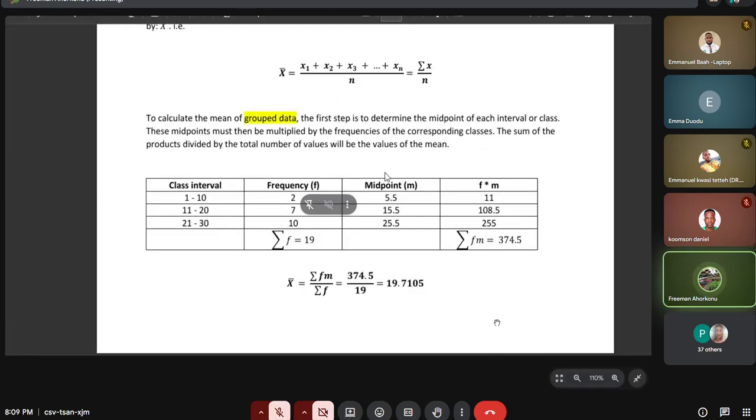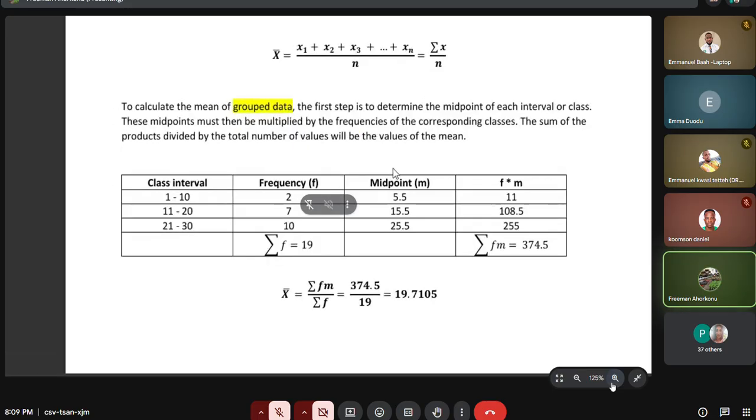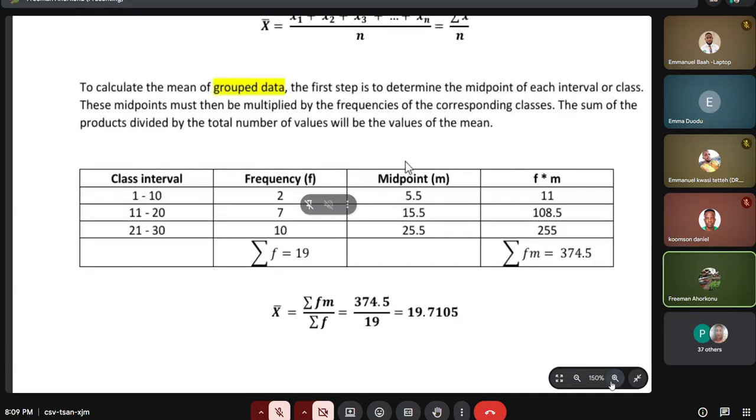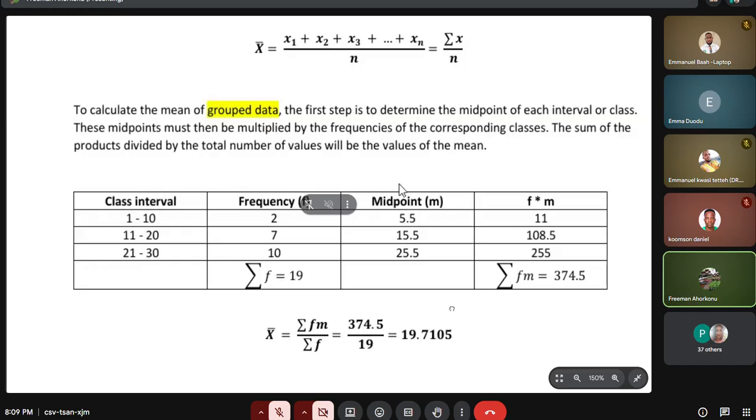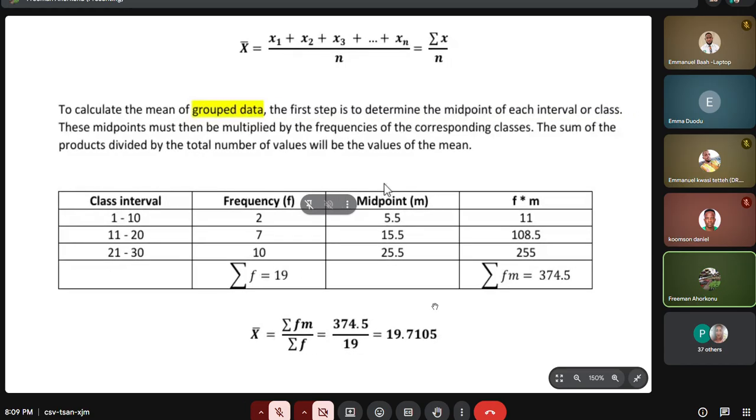So if you put your data into groups, this is rather worse. This is what I want to do.